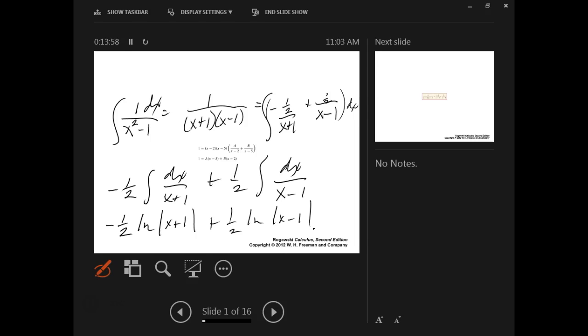Now, if you wanted to use the rule of logarithms again, that would be the log of x plus 1 to the negative 1/2 power plus the log of x minus 1 to the 1/2 power.